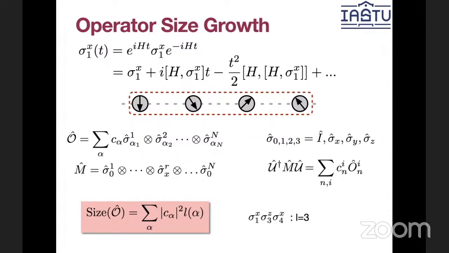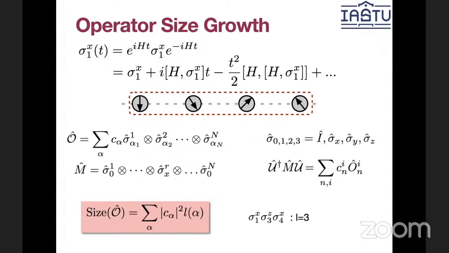Here, L is the number of Pauli string factors in the operator which are not the identity. For example, for the single readout qubit measurement operator, just the readout qubit is a Pauli sigma x, and the others are all identity. So for this operator, L equals 1, and for this one, L equals 3.